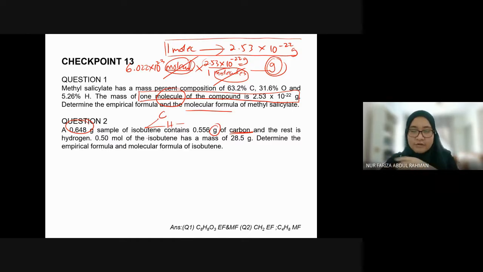Now for the molecular formula. Let's look at the information given. As you can see, it is still with mole and still with gram, but we need the gram in order to find our molar mass. This time around, it is given in the form of mole.